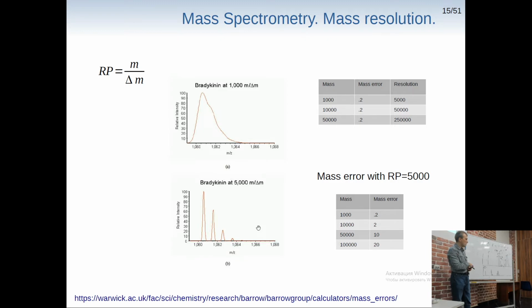The distance between those two peaks, for instance, starts to be smaller in m over z. This is 2, here's 1, right?